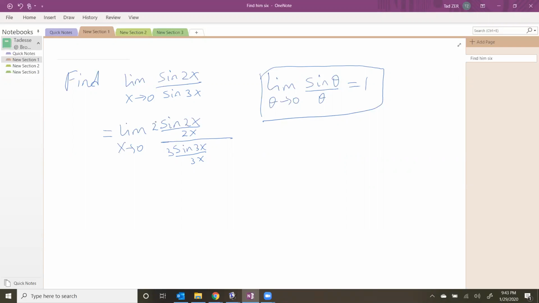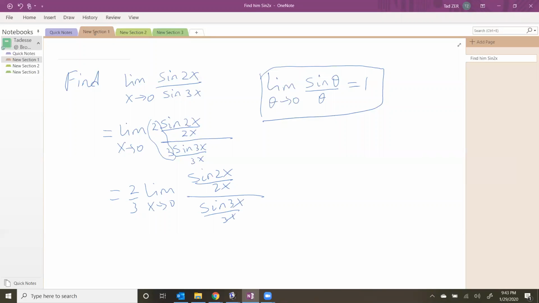Now using the constant multiple rule for limits, this is 2/3, a constant, so I can factor it out. That will give me 2/3 times the limit of sine 2x divided by 2x, everything divided by sine 3x over 3x, as x goes to 0. If you watched the previous video, I used change of variables.